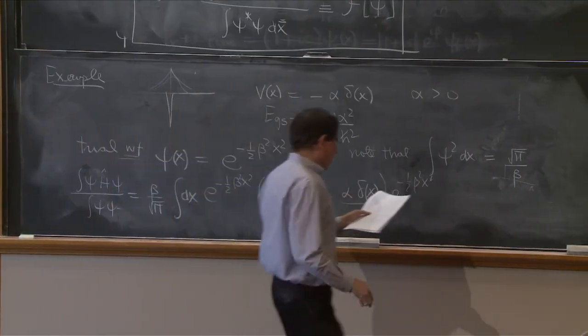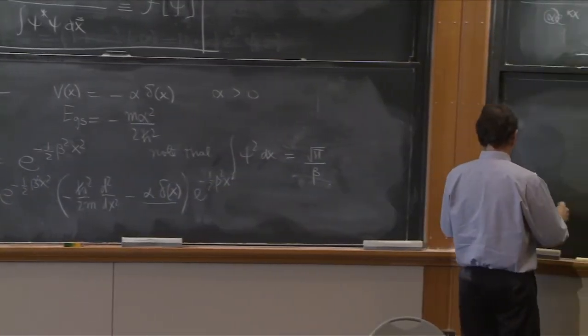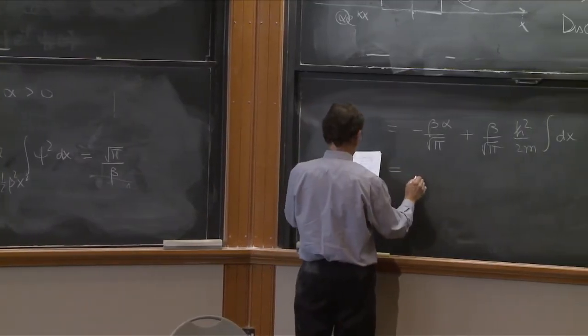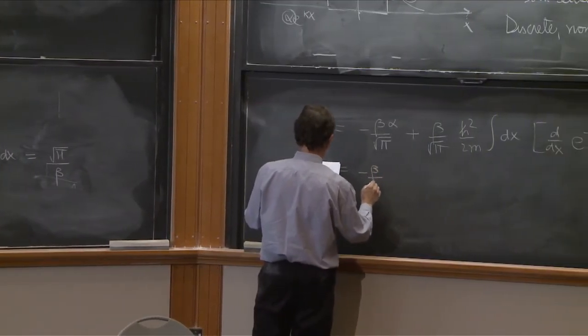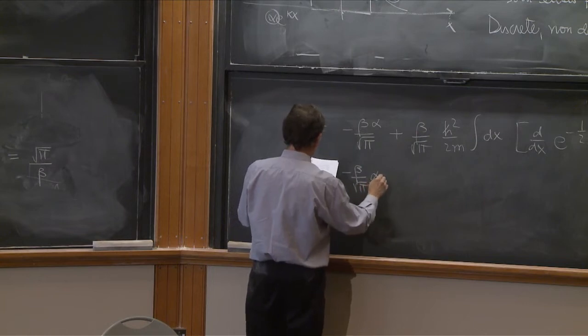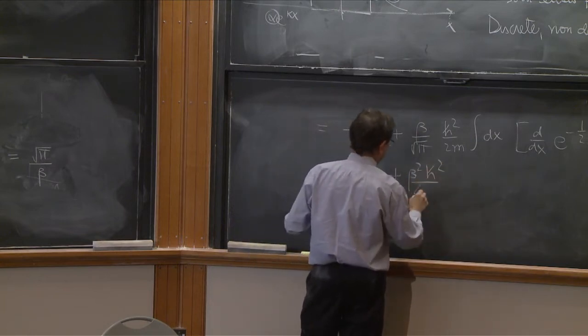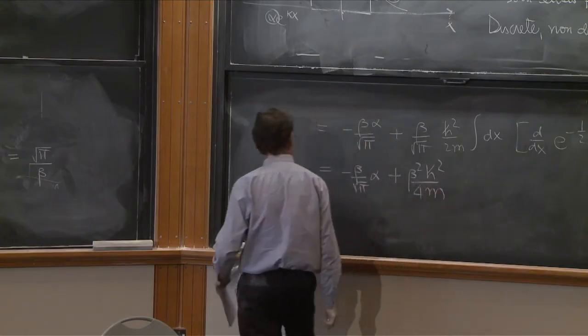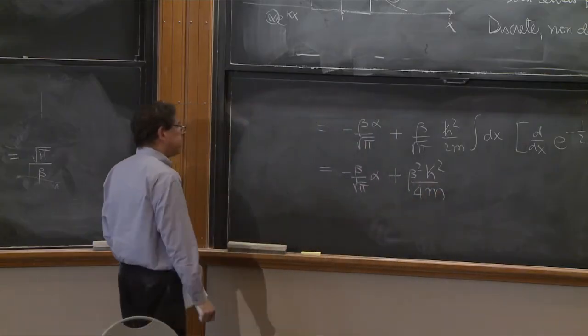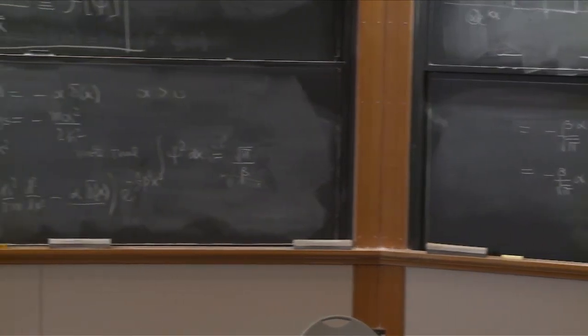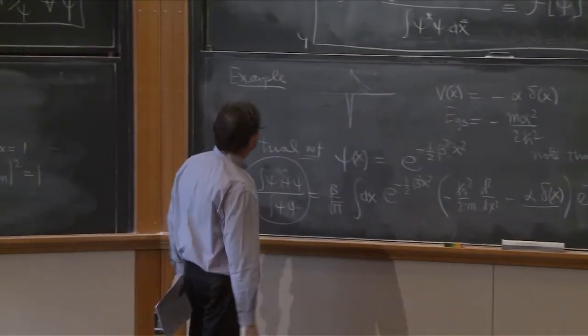So we don't want to bother with this, but this whole thing then becomes minus beta over square root of pi alpha plus beta squared h squared over 4m. That's the whole answer, and that's the evaluation of this whole thing.